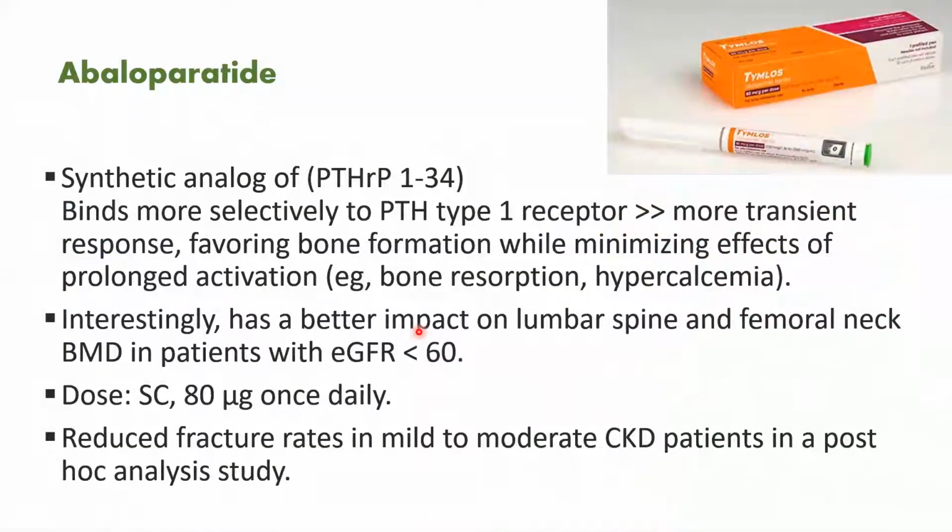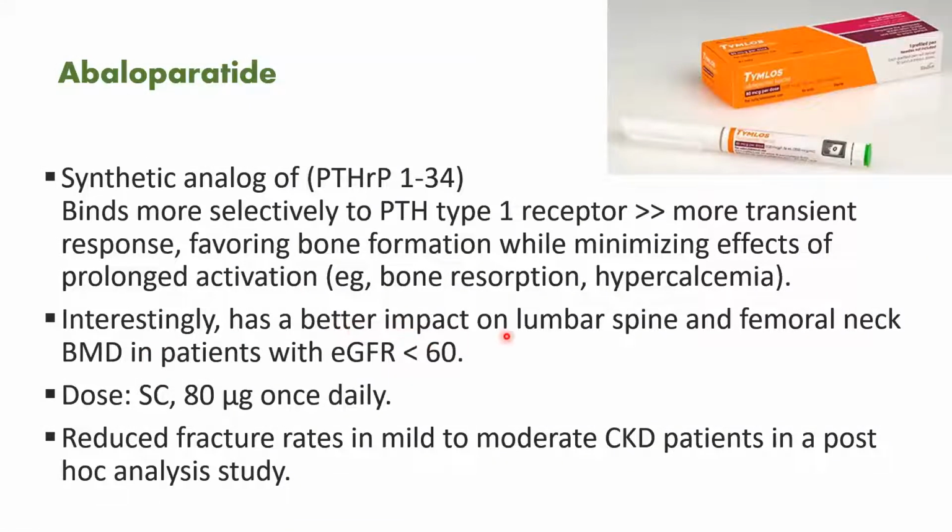The second is abaloparatide. It is a synthetic analog of PTH-related peptide, and it binds more selectively to the PTH type 1 receptor, so it could favor bone formation while minimizing the effect of prolonged activation, so it could minimize bone resorption and hypercalcemia.